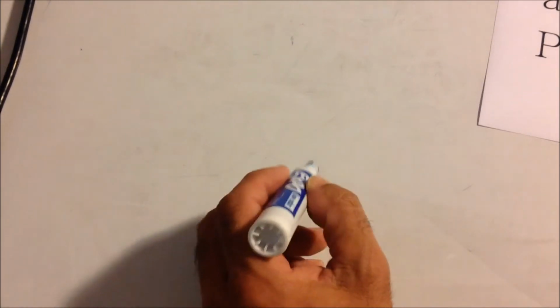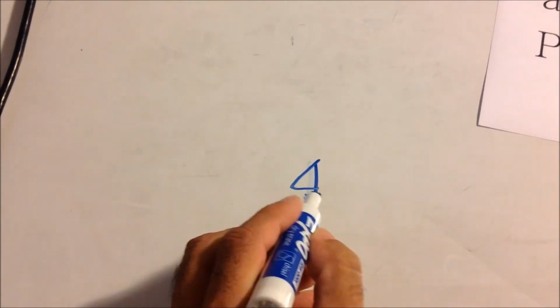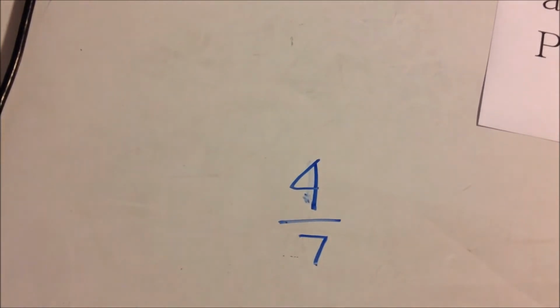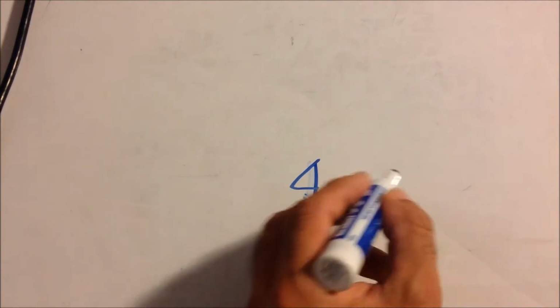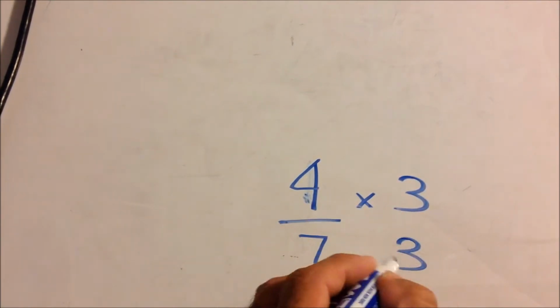So let's look at an example. If I had 4 over 7, and I wanted to get an equal ratio, just use the same number on top as on the bottom, so I can multiply, let's say 3, could be any number.